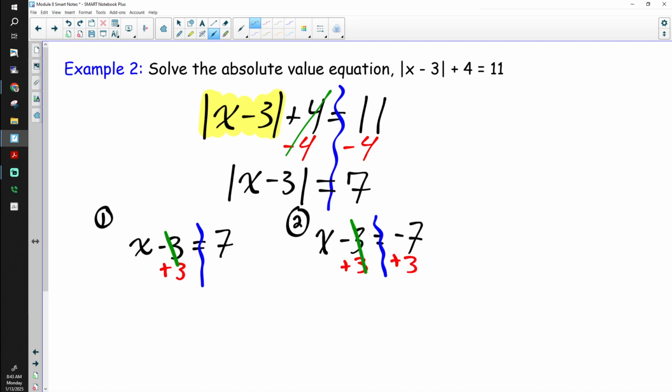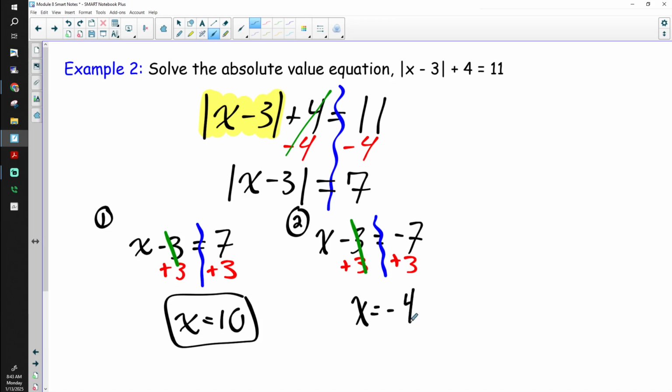Our first solution is x equals 10. And on the other side we have x equals negative 4. Done. Those are our two solutions.